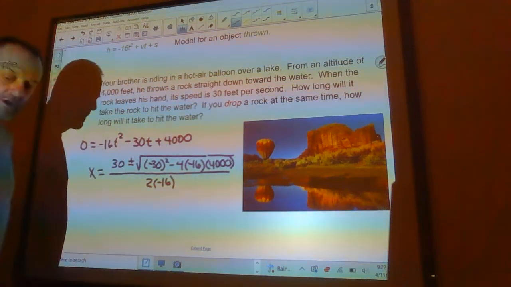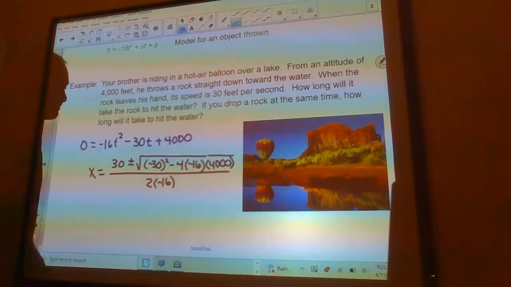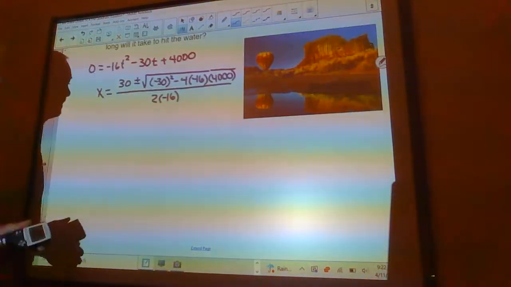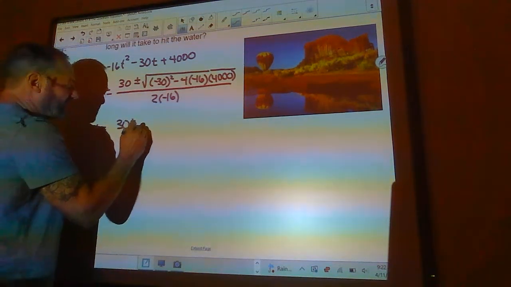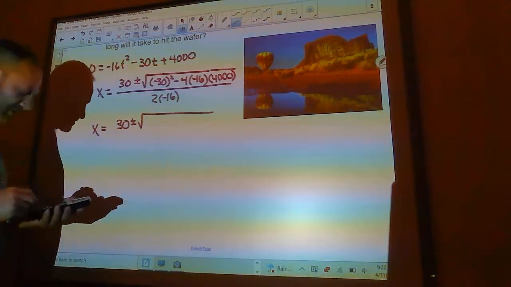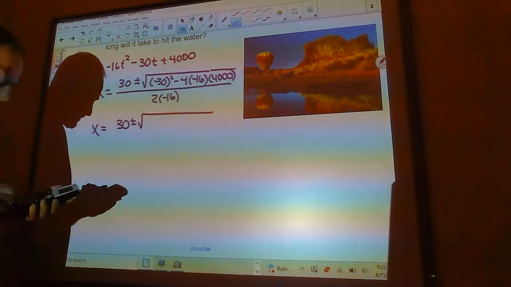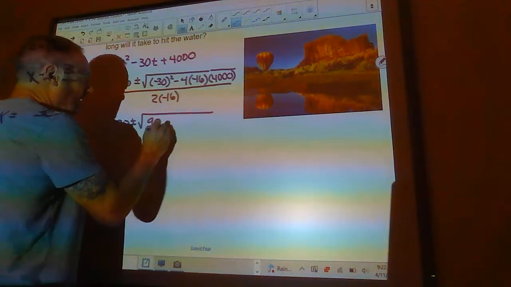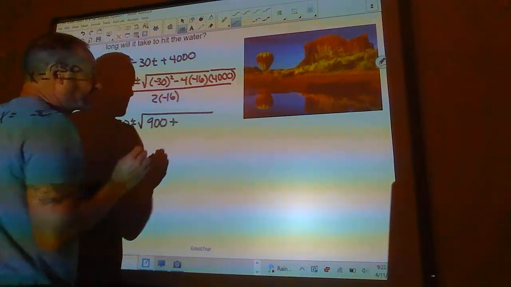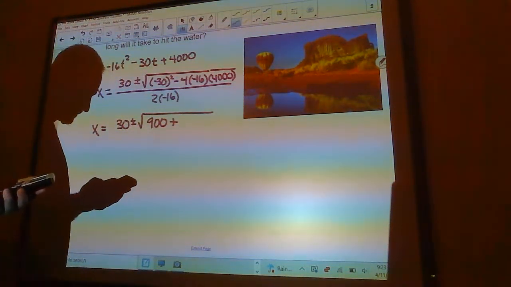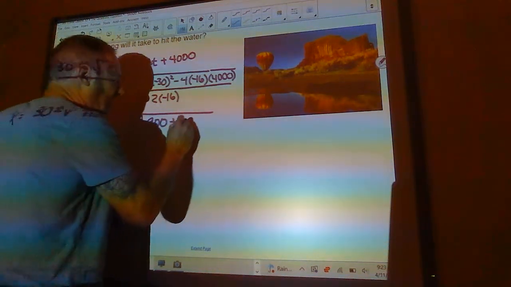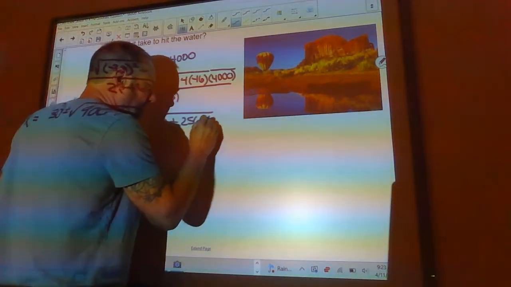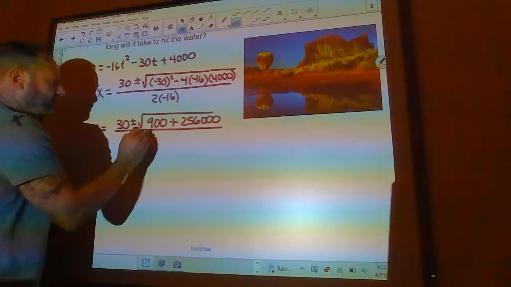All right, this is definitely a question you want to do on a calculator. X is going to be 30 plus or minus the square root. Okay, 30 squared is 900. And then this is going to be plus 4 times 16 times 4,000, which is 256,000. All over negative 32.